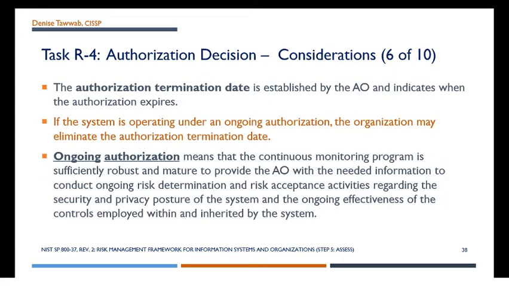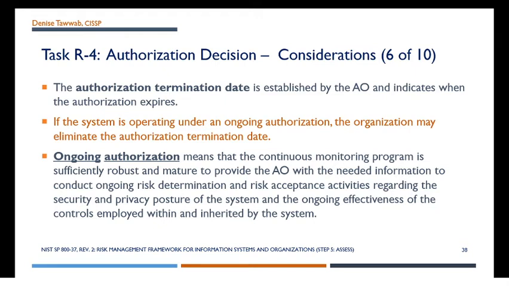The authorization termination date is established by the AO and indicates when the authorization expires. Authorizations do expire. If the system is operating under an ongoing authorization, then the organization may eliminate the authorization termination date.